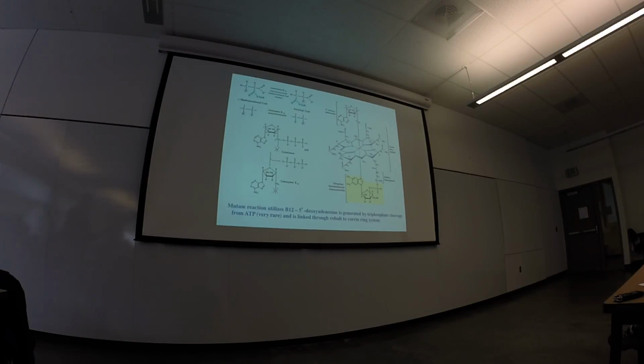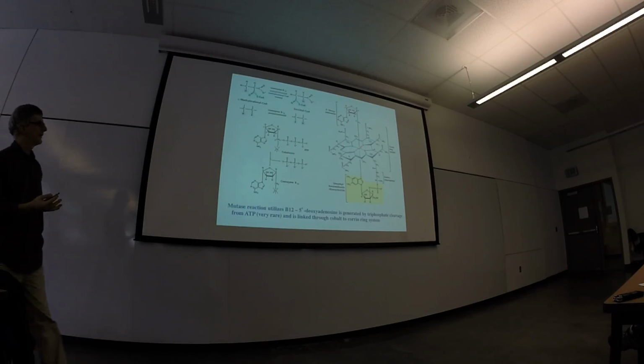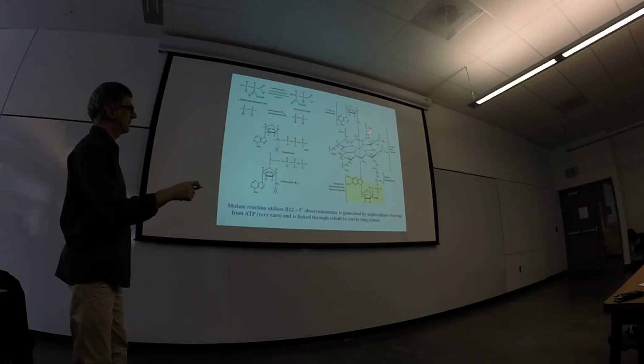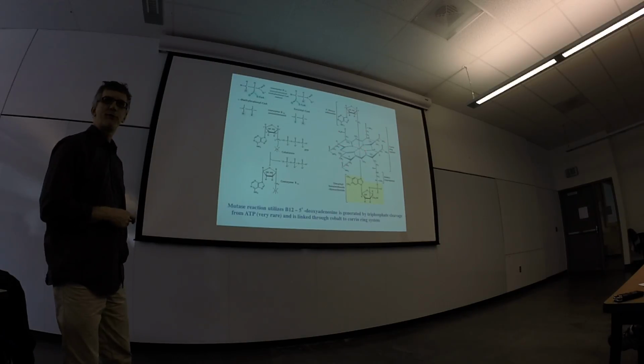But the B12 itself is just this part. This cobalt is not linked to 5'-deoxyadenosine. So you have this crazy corrin ring system with a cobalt in the middle. Imagine it starts to look a little bit like a heme, but there's quite a lot of differences from a heme, not to mention it has a cobalt in the middle.